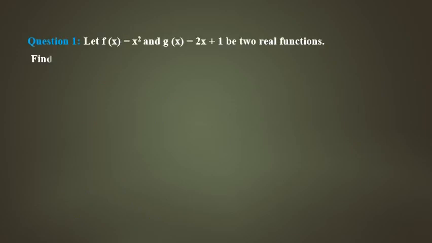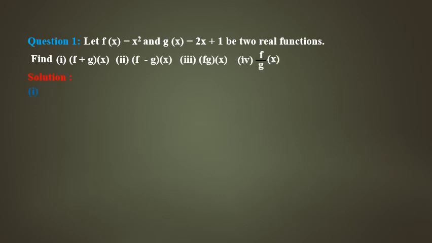Let f of x is x square, g of x is 2x plus 1 be two real functions. You have to find all these four. Now solution, simply you just go with addition, subtraction, multiplication of both the functions. Okay, so if I add x square with this, x square plus 2x plus 1, finish. Subtraction, it is x square minus 2x minus 1, correct.